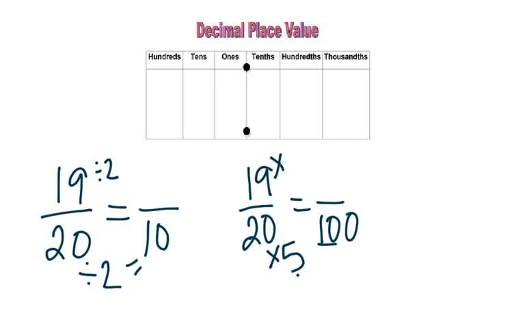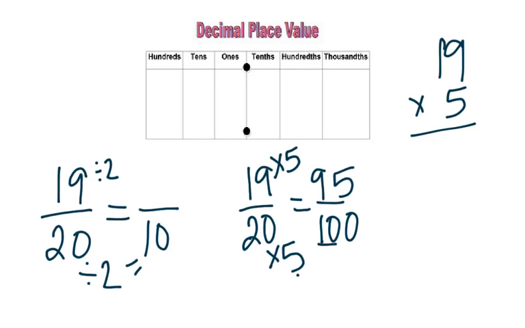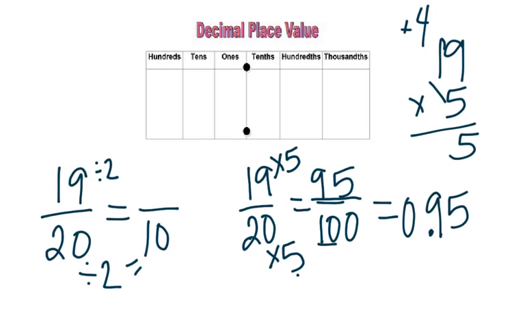And so then you would need to do 19 times 5. And 19 times 5 is 95. So you might need to do that over here off to the side if you aren't able to do that in your head. 5 times 9 is 45. 5 times 1 is 5, plus 4 more is 9. And then we just change that to a decimal easily, 95 hundredths.